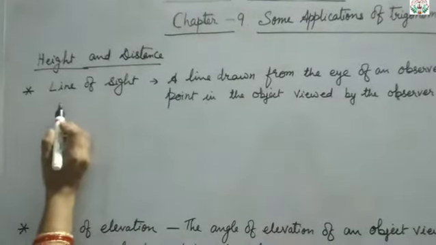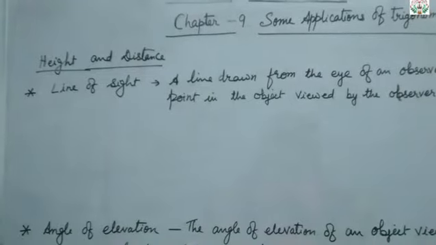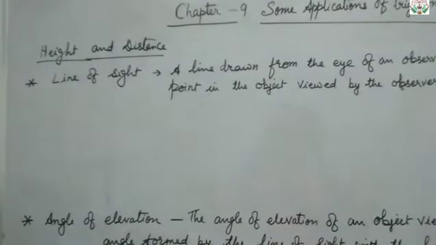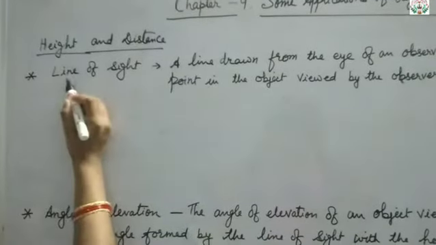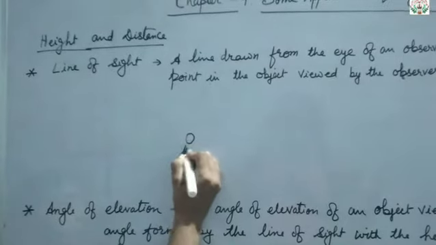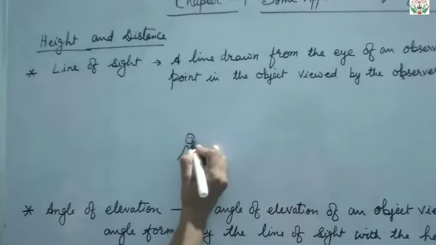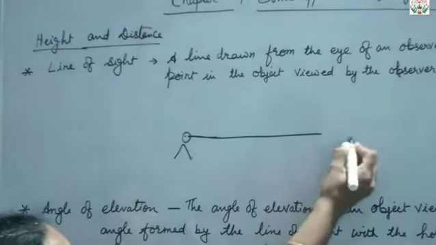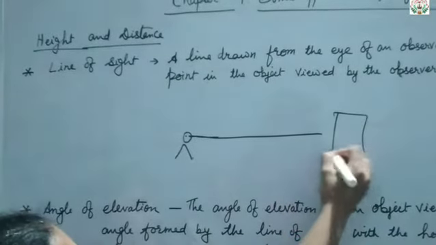The first one is line of sight. Sight means view. Line of sight means, suppose we are standing here, the straight line drawn from the eye to see an object, maybe a building or something.